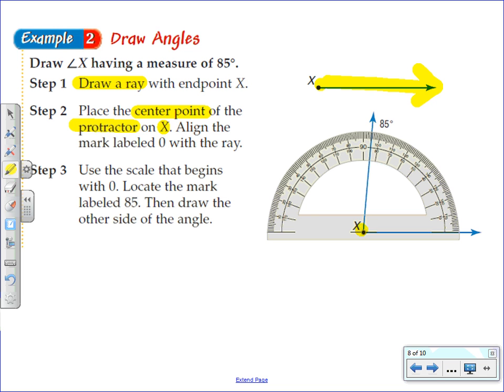Then you align the ray with the bottom of your protractor, and you start the scale, and if we're making a measure of 85 degrees, we'll come up our scale till we get to 85, and we'll put a dot right there. Then you'll take a straight edge, ruler or whatever you have, and connect the two dots and make a ray. And then you have made an angle that's 85 degrees.